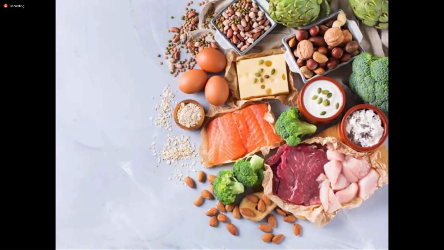If you consume the same type of food every day, in the morning, in the afternoon, and in the night time, then you may get a deficiency of one or other nutrients, vitamins and minerals. So if you include variety in your diet, there is less chance of having deficiency of many of the nutrients that you require.